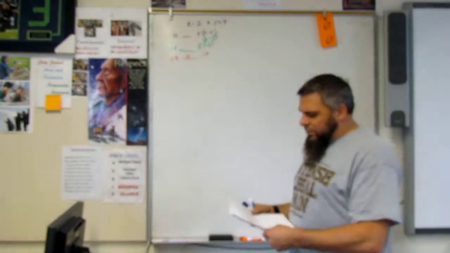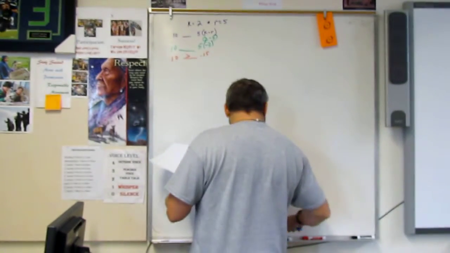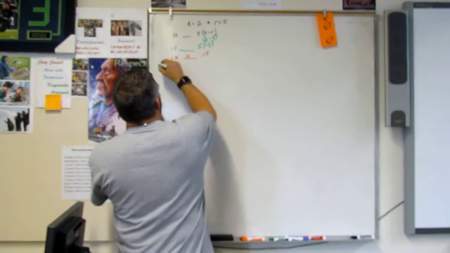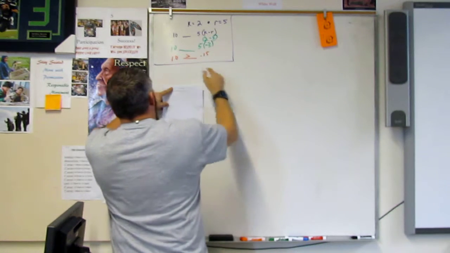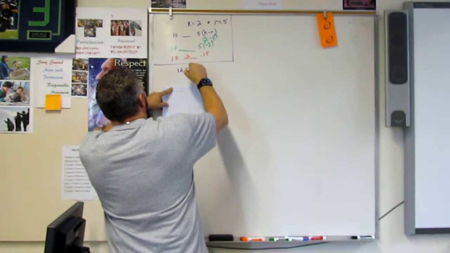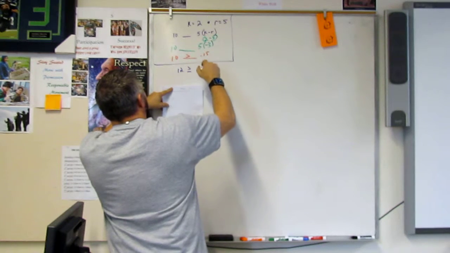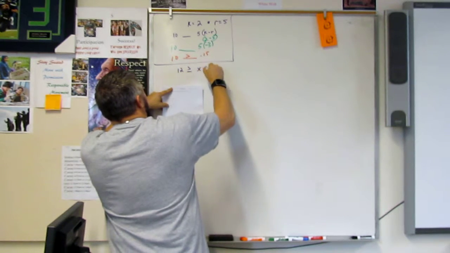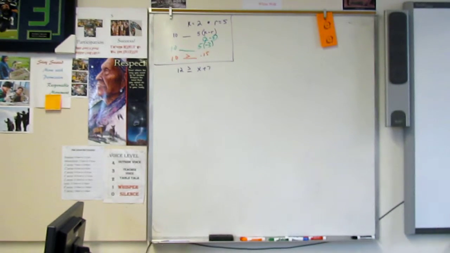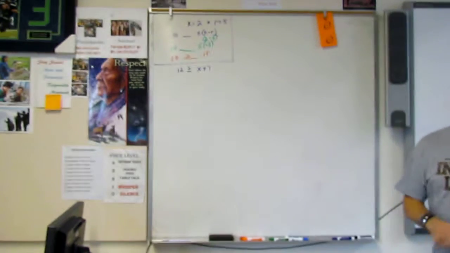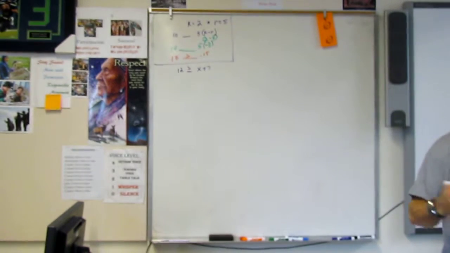Now the next problem. Did you get that one wrong? Oh no, so that's one problem, right? And the next problem, I got something like 12 is greater than or equal to x plus 7. So how am I going to get x alone? I always do the opposite, right?